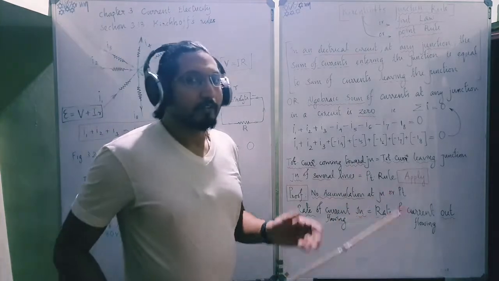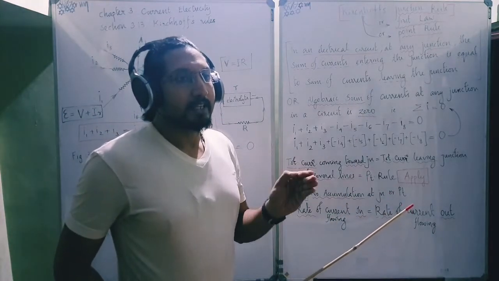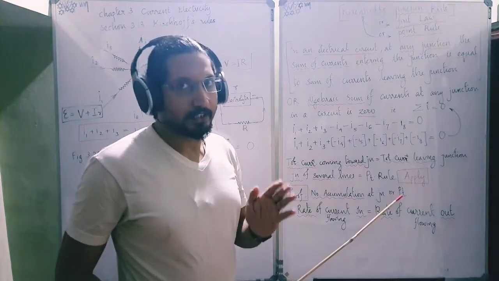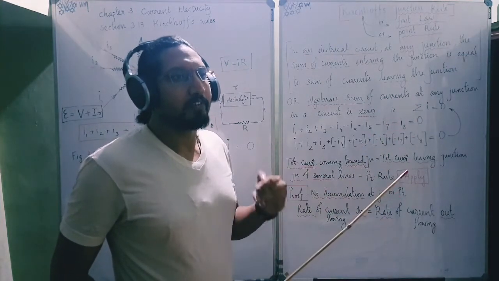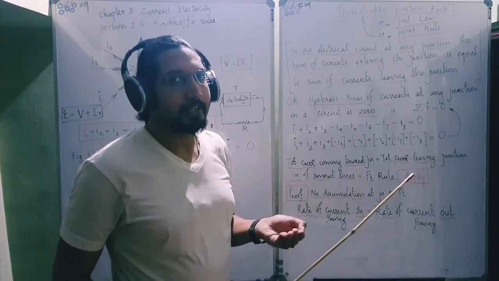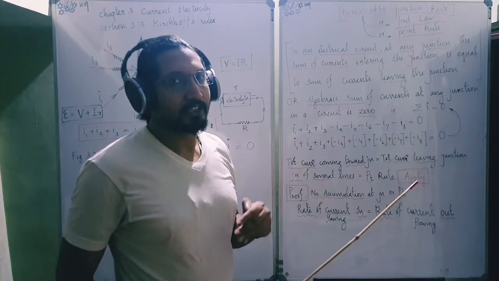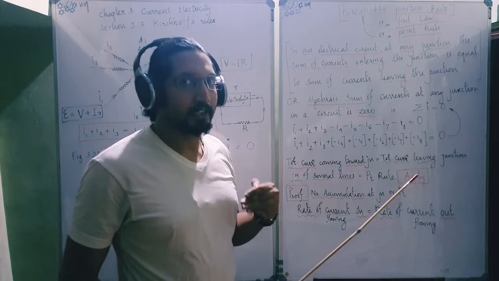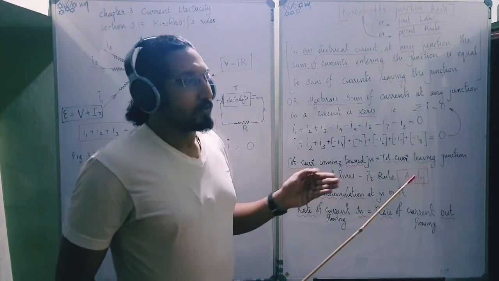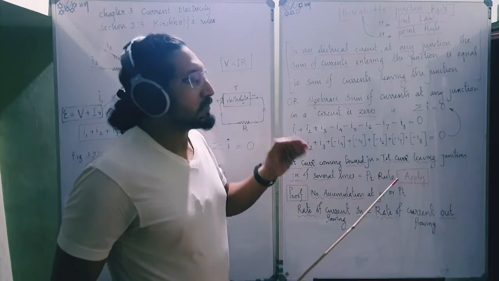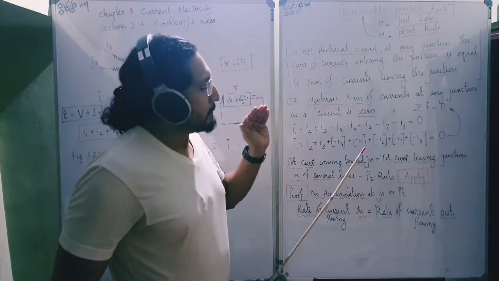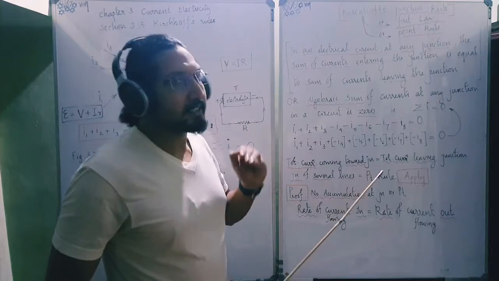Lots of resistances and cells are connected in an electrical circuit, and it makes the thing so complicated that we may have difficulty in finding the current and the potential differences in all these electrical circuits. So we have certain laws which govern the measuring of this potential difference and the current.